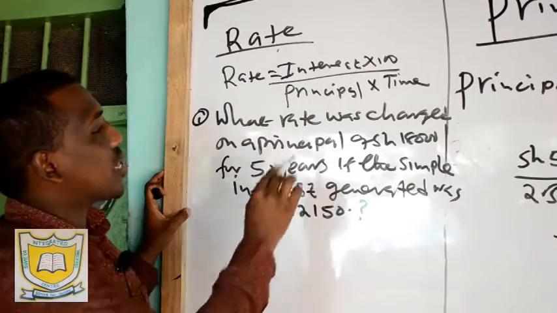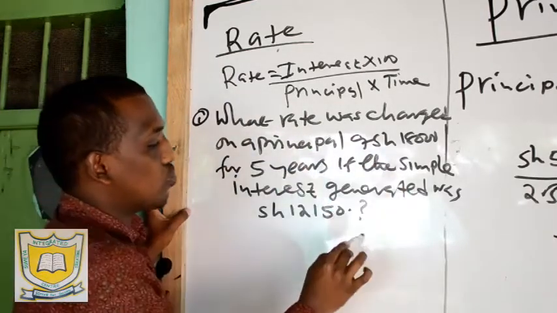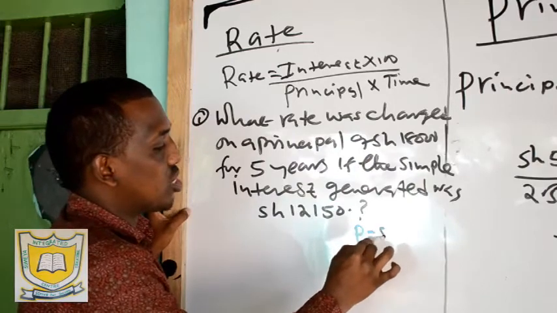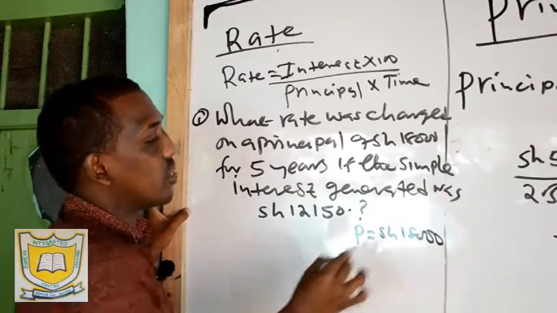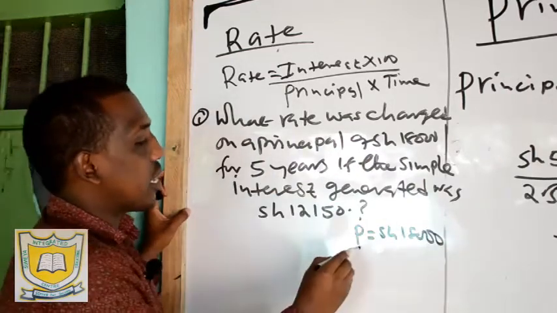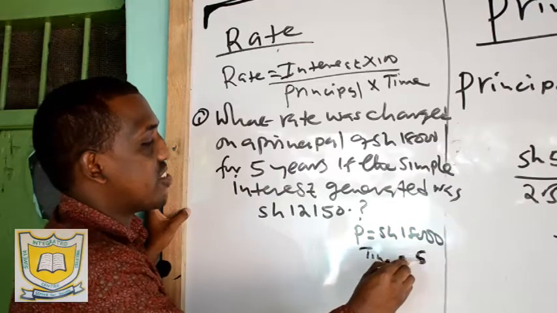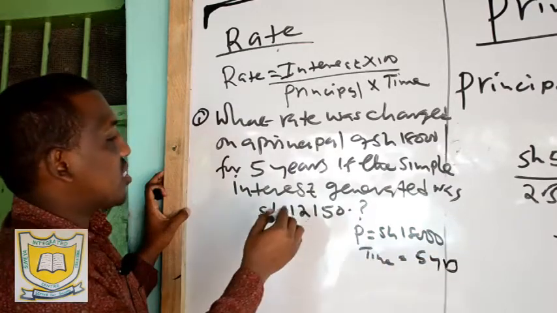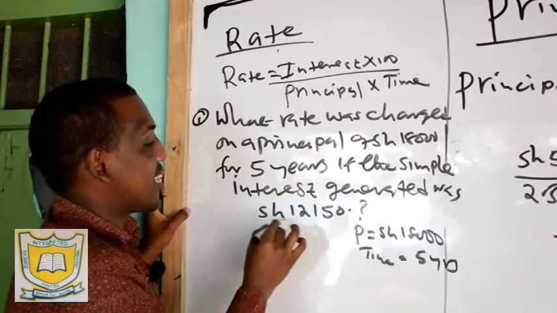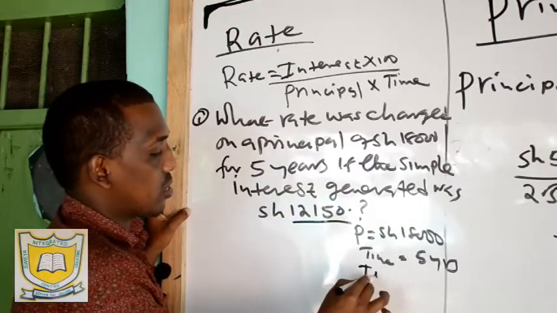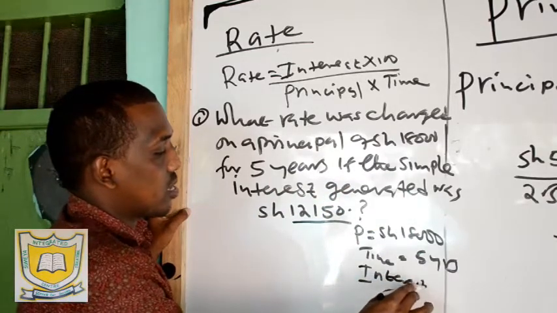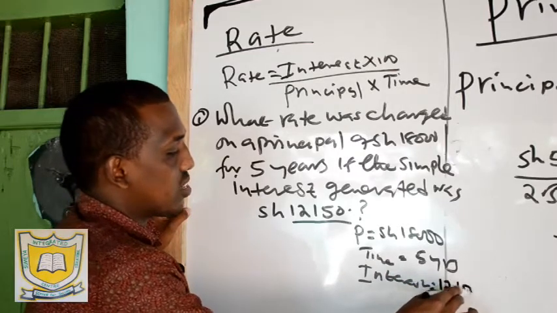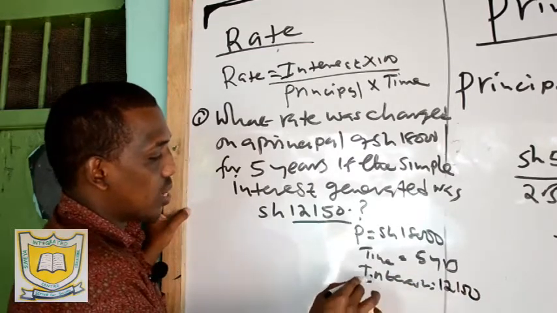We list what we have. The principal is shillings 18,000, time is 5 years, and the interest is shillings 12,150. We are looking for the rate.